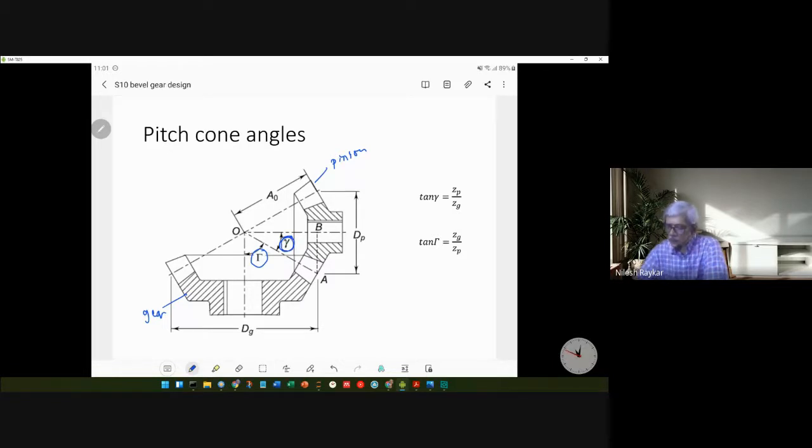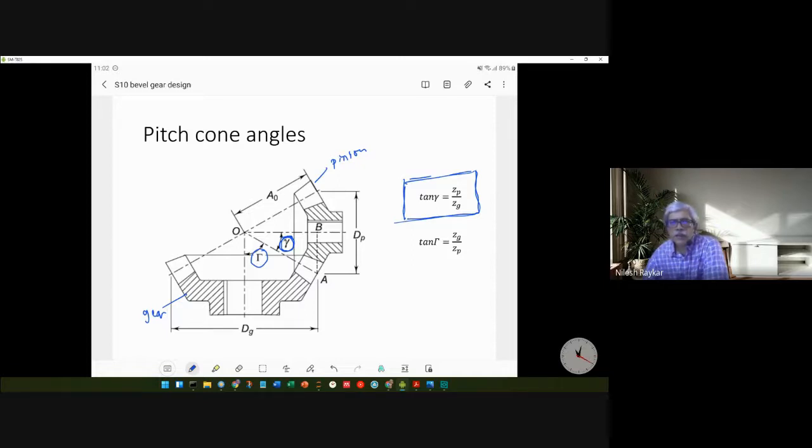Both are gammas, but conventionally, for the large gear the pitch cone angle is capital gamma, and the other one is small gamma. Now on the right hand side, you see some relation written here. So tan of gamma is given as Zp by Zg, number of teeth on pinion divided by number of teeth on gear. So can somebody tell how we can arrive at this expression?